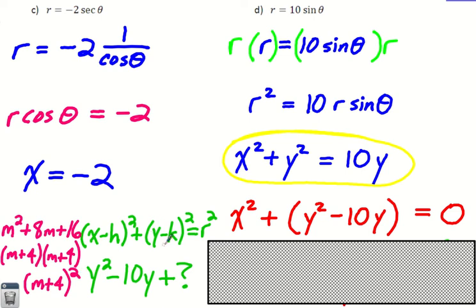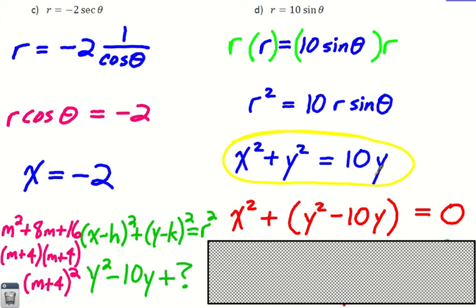That's what I want here. So I want to add something to this y squared minus 10y to make it into a trinomial that would unfoil to be the same two bubbles, repeated.